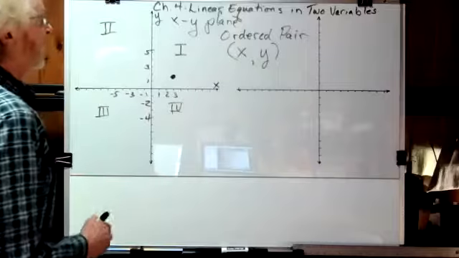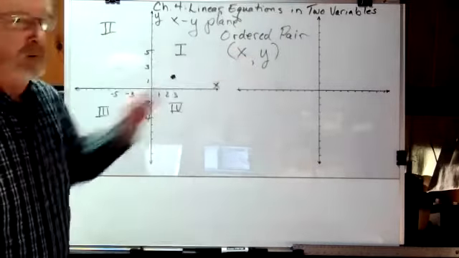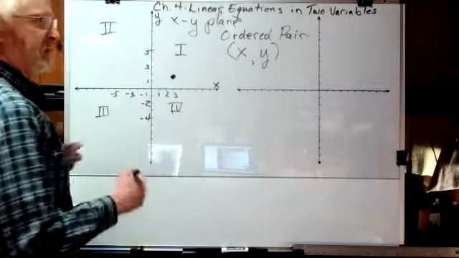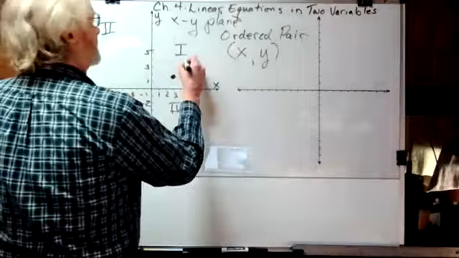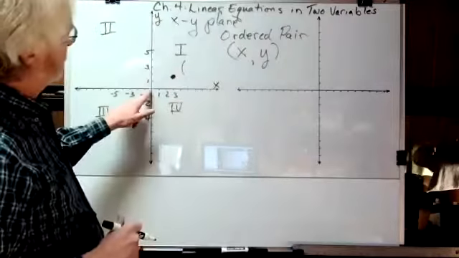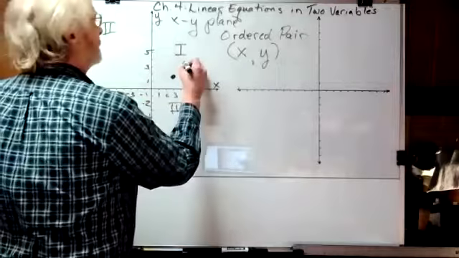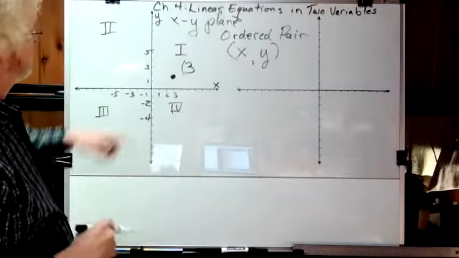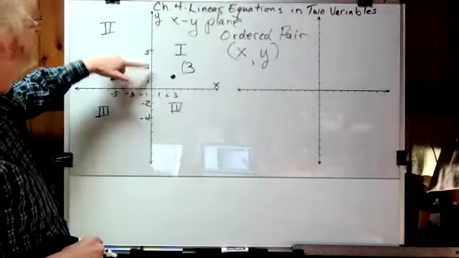Good. So this point has 2 coordinates, an x coordinate and a y coordinate, that we use to identify its position in the plane. What is the x value for this position? Well, from 0, I went over 1, 2, 3. Hopefully you can see that well enough. So its x value is 3. And its y value, well, y went up from that origin, went up 2.